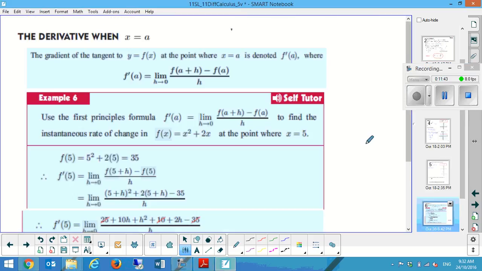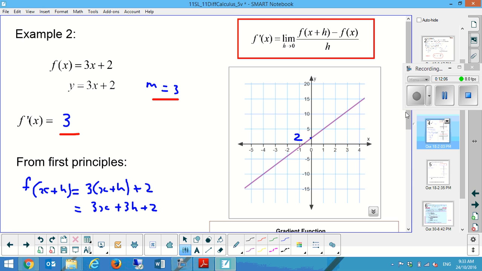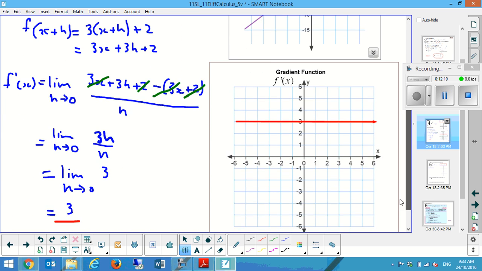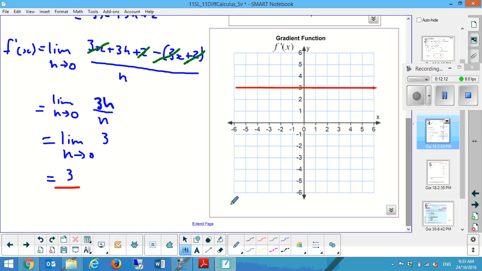Another way of doing this is if we wanted to find a value of the derivative at a particular point, in other words, we wanted f dash of a, so what is the value at a, then we could start off with that straight away. So if I come back to this previous example, here we've got f of x of 3x plus 2.